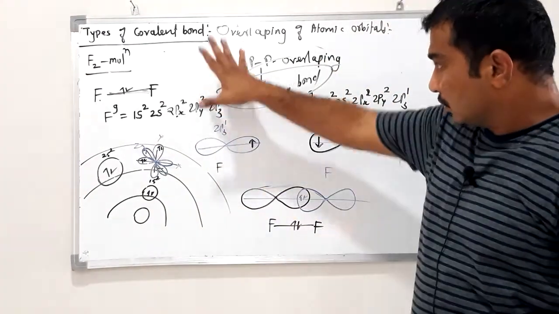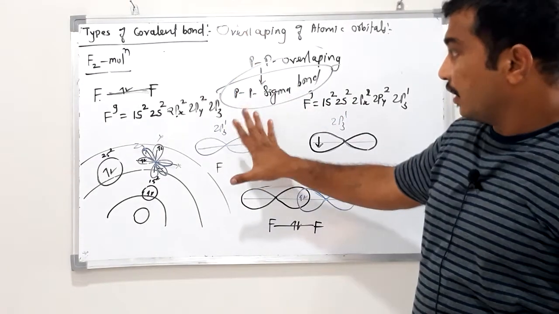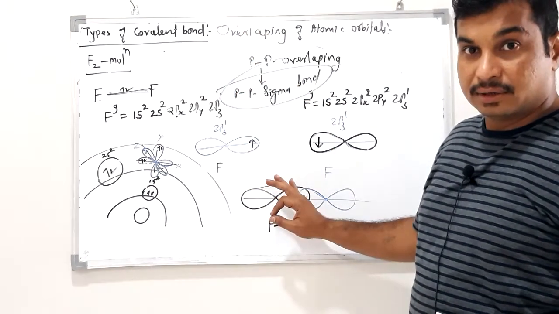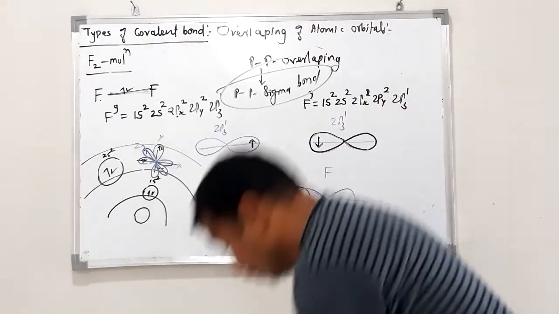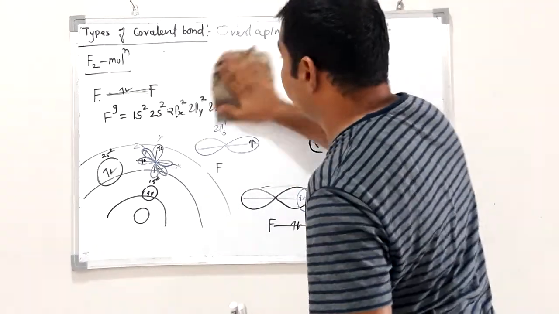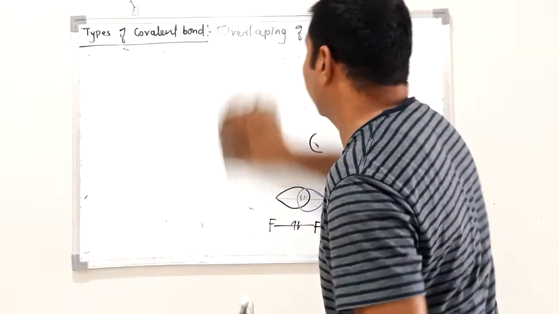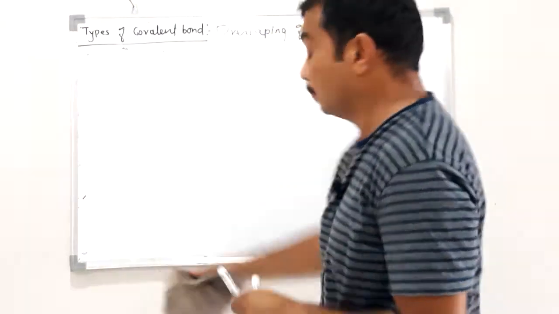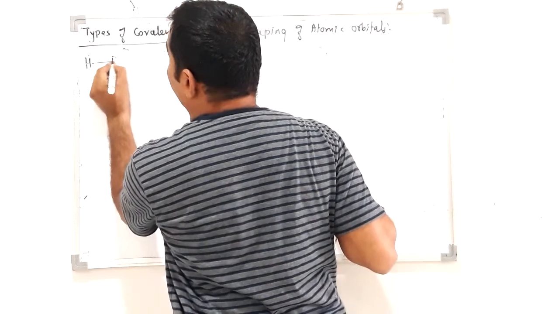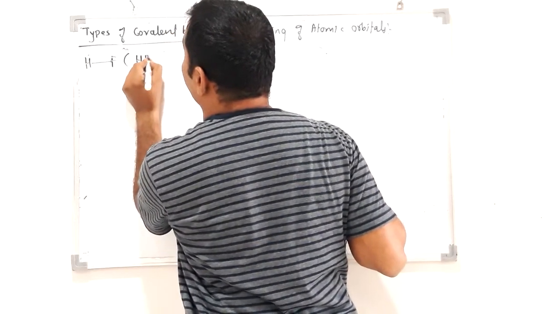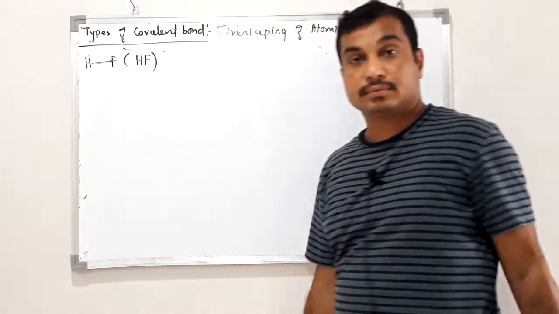Listen to this point carefully and try to understand. Now, one more example, the HF molecule. How does this HF molecule form? Hydrogen fluoride.